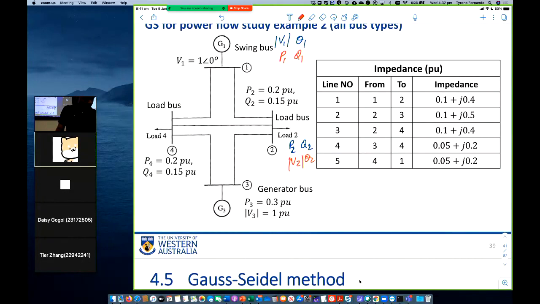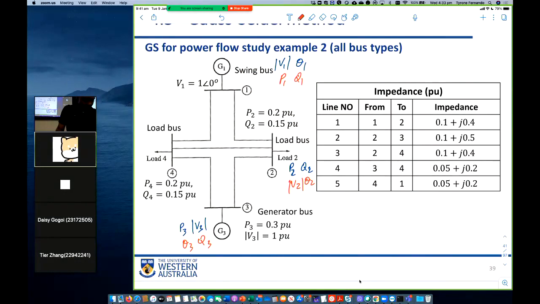So for the generator bus, what do we know? We know P3 and we know the V3 magnitude. What don't we know? We don't know theta 3, and we don't know Q3. Right? And then with the load bus, we know P4 and we know Q4.